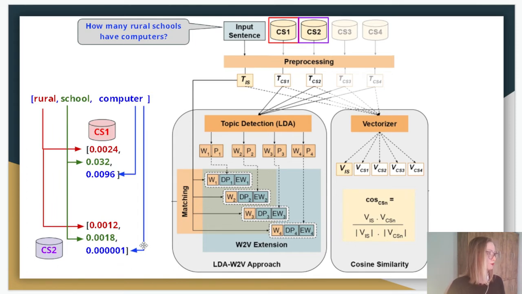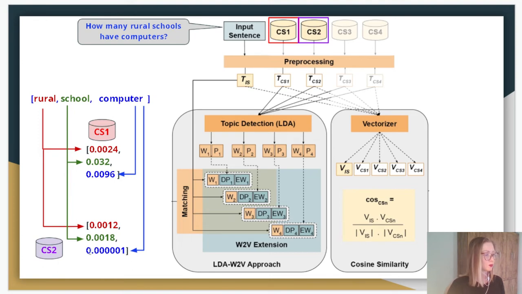For example, for candidate source 1, the words rural, school, and computer were found with these scores, respectively. And for candidate source 2, the words were found with these other scores. We can see, for example, that the word computer received a very low score for this source 2.